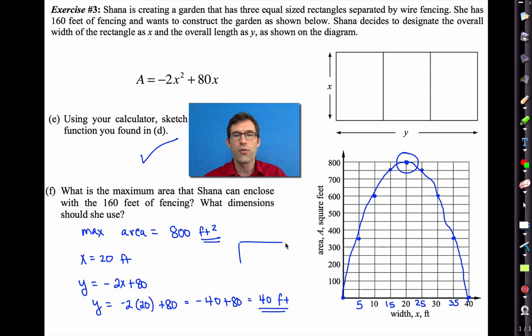So I should have a rectangle that looks like this. Of course, it's got those other two dividers in there, but its overall dimensions are 20 feet by 40 feet. Isn't that cool? All right, so we created a quadratic model all on our own. Anyhow, pause the video and copy down anything you need to.